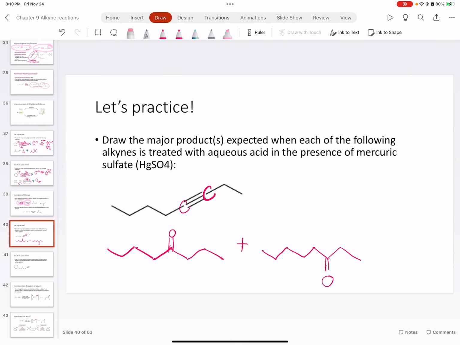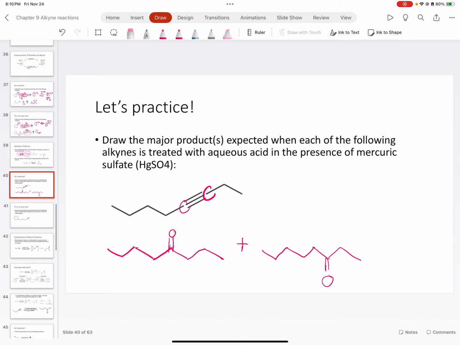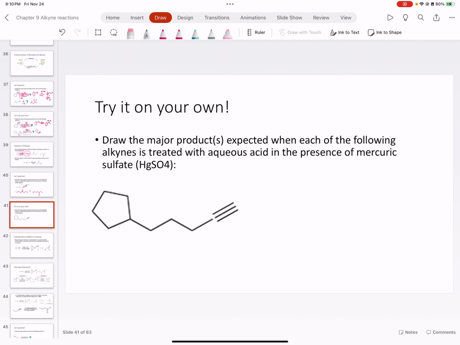So isn't it really that bad? Okay, so I was a little mean. Remember, this one's terminal, so we're not going to get two products, we're going to get just one product.